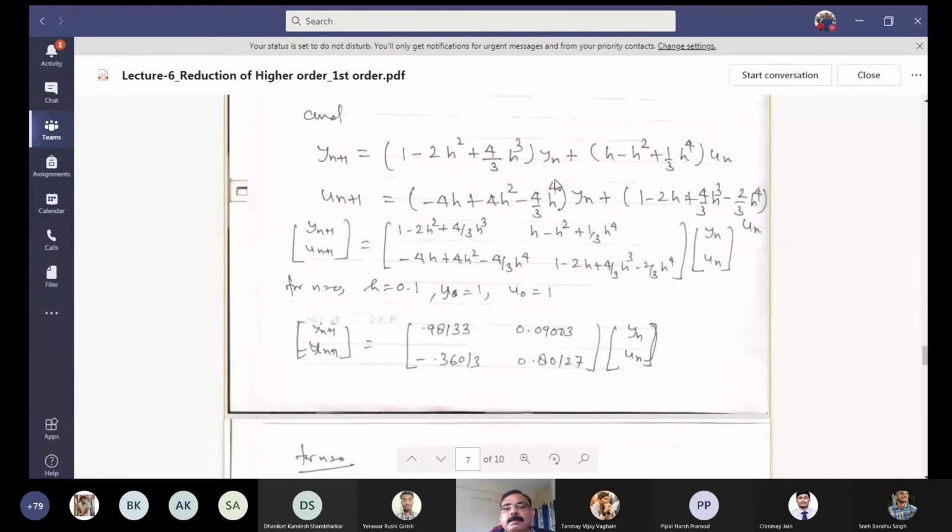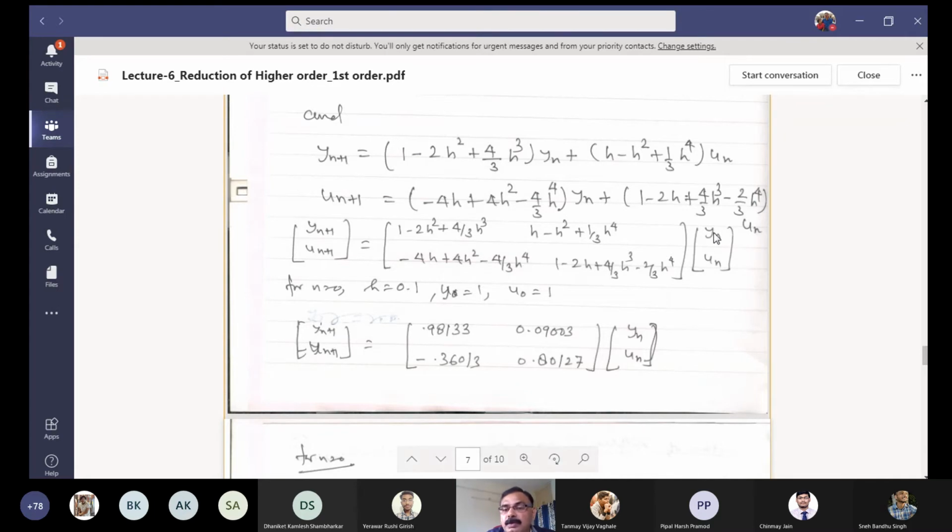See, yn plus 1 is written in terms of yn and un, and un plus 1 after simplification, after putting all the values k1, k2, l1, l2 and all those things. So we write the yn plus 1, un plus 1 in the matrix form. I think you can write without any trouble, or does anybody have any trouble to write in the matrix form?